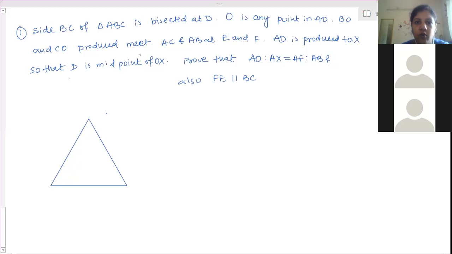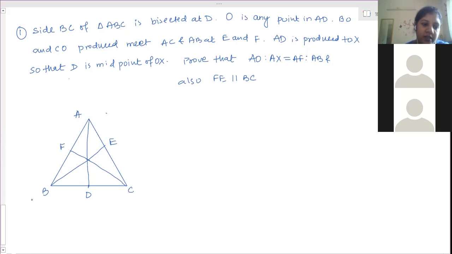Side BC of triangle ABC is bisected at D. This is A, B, C. This is bisected at D. O is any point on AD. BO and CO are produced to meet AC and AB at E and F. That means we have to produce it. This is point E. This is point F.